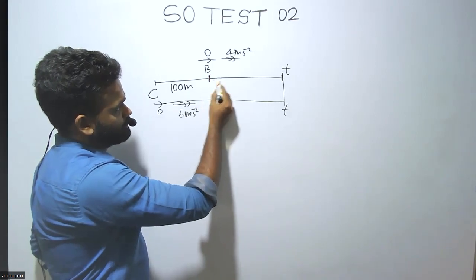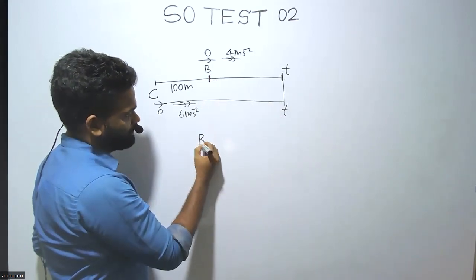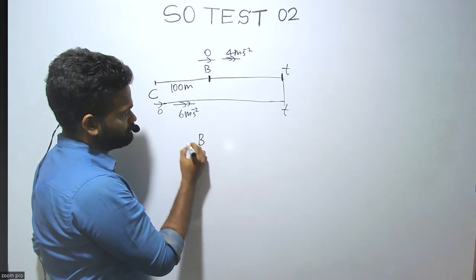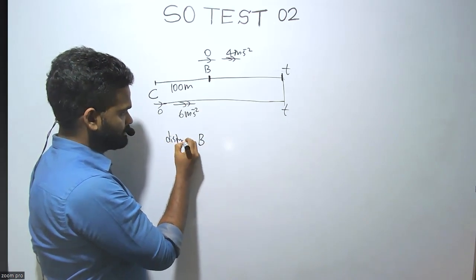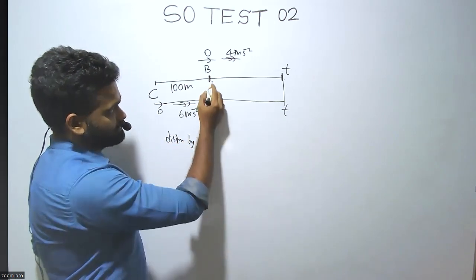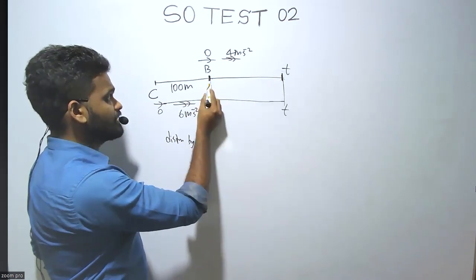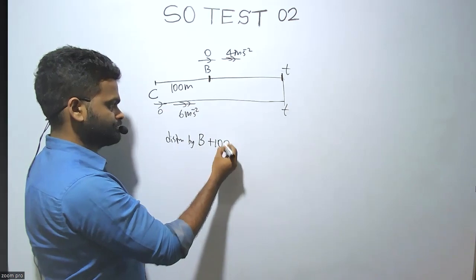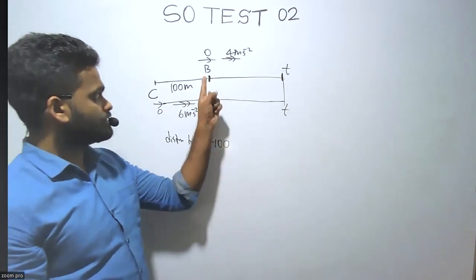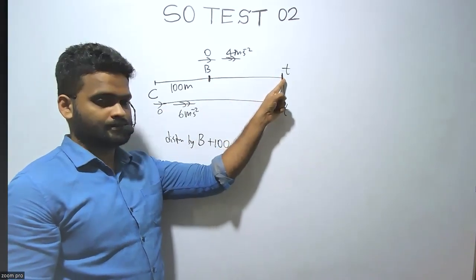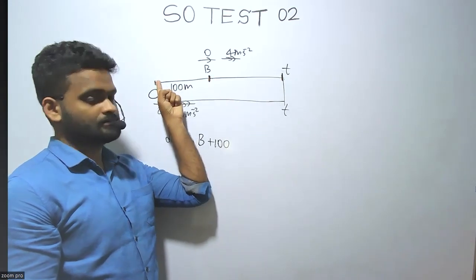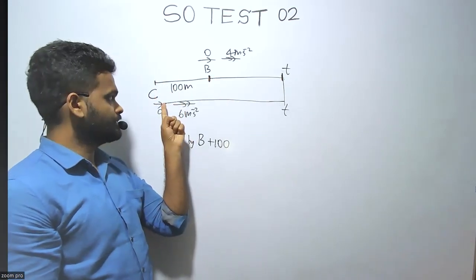So the bus moves from here to here. So we can say distance moved by the bus plus 100 meters is equal to what?